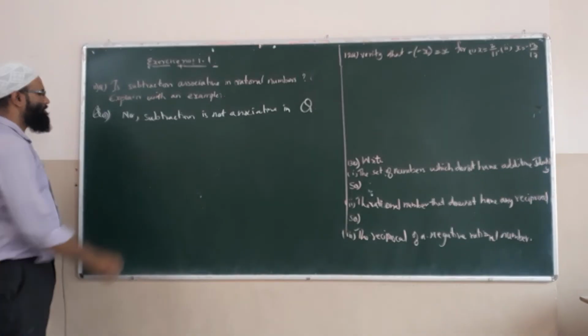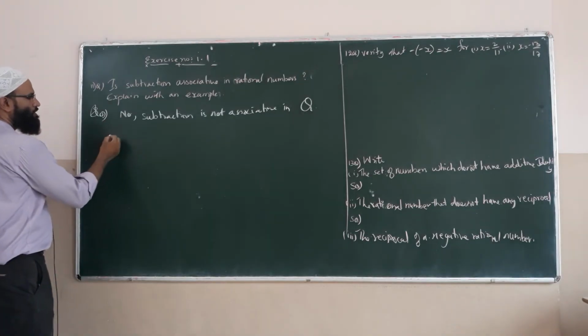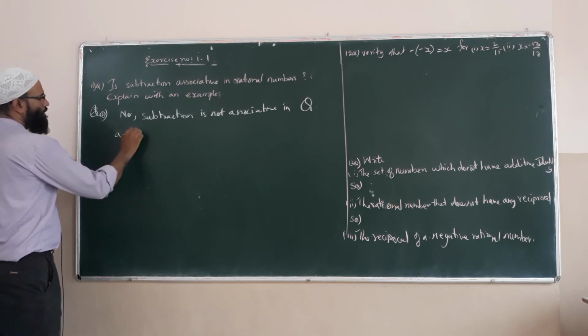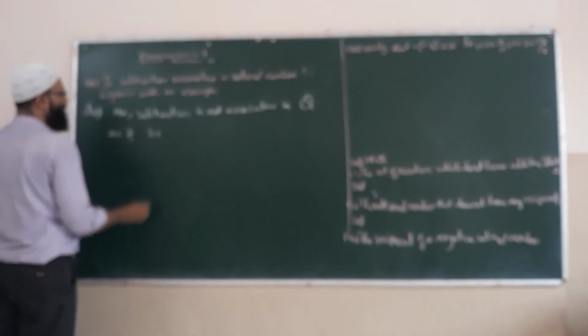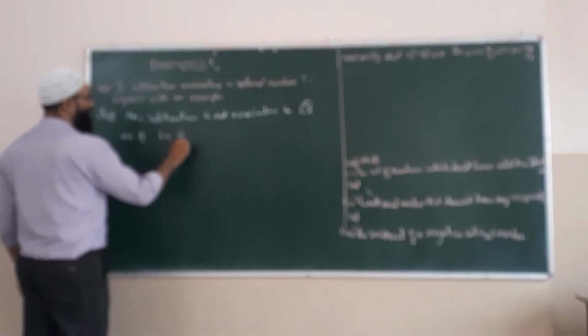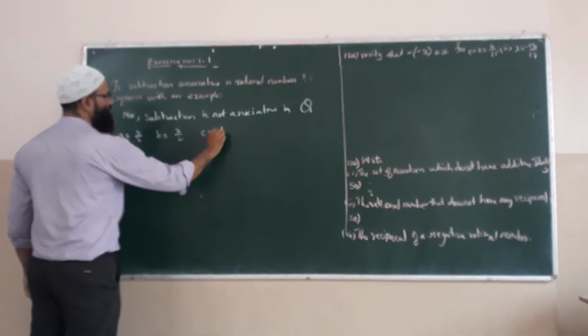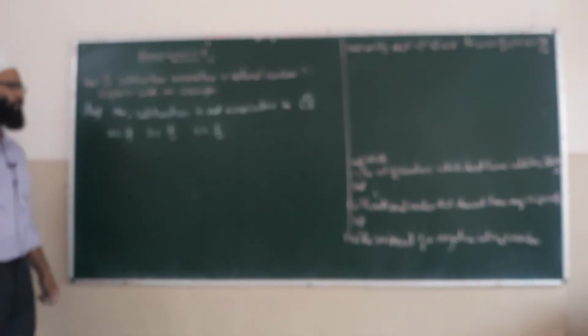Now take the example. Suppose a is equal to 3 by 2, b is equal to 2 by 2, c is equal to 1 by 2.